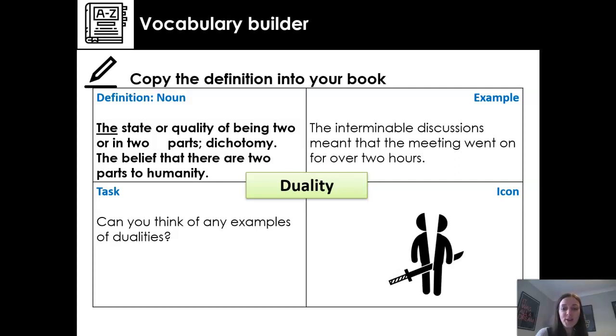You can see from the icon here, there's a kind of a way of that idea of a person being split into two parts. So once you've written down your word definition and drawn an icon to go alongside it, I want you to think, can you think of any other examples of dualities?